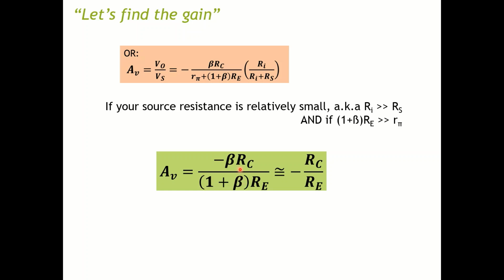In practice you usually have beta around 100, 150, something like that. So 100 over 101 is technically not a huge factor, and you can assume it to be 1. Then finally, you can have the gain equal to negative RC over RE.